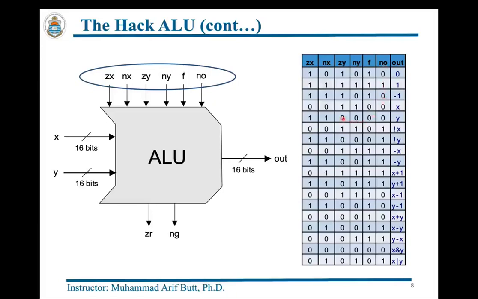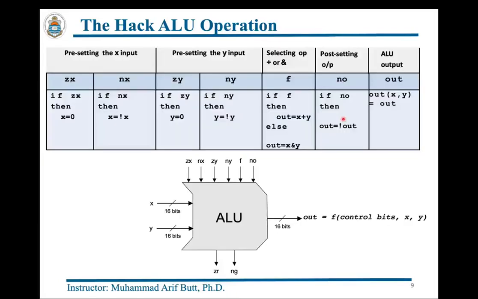So let me move ahead and see if I have a more descriptive slide showing this. Yes, I have one. So dear students, before you select the operation using this F bit, you need to do the presetting on the X input and the presetting on the Y input, and then you perform this function F. After you have done this, you perform a post-setting, and finally you have this out.